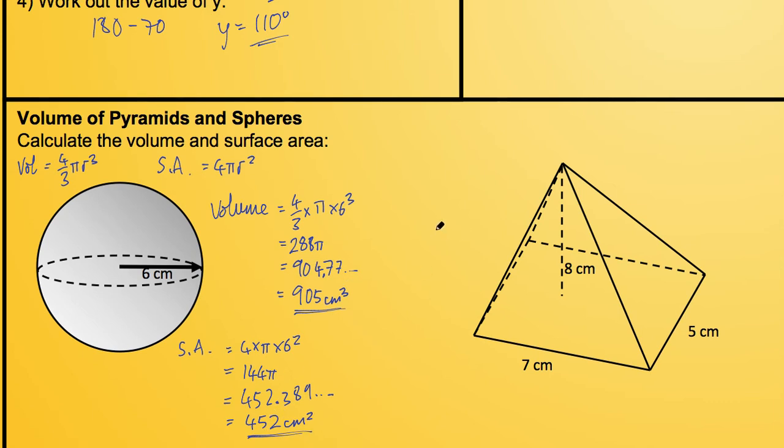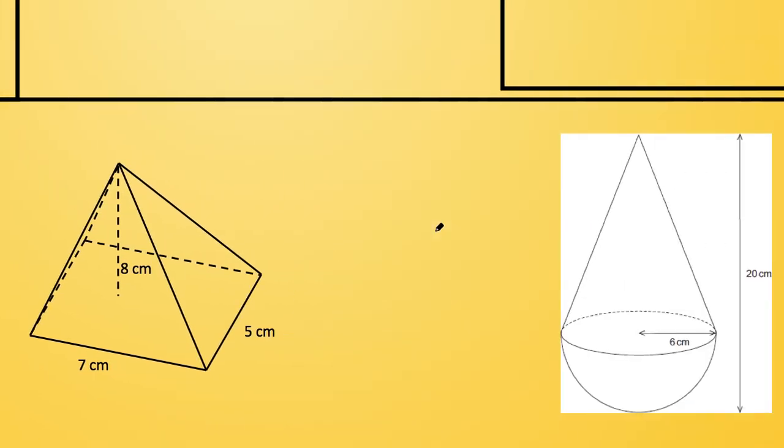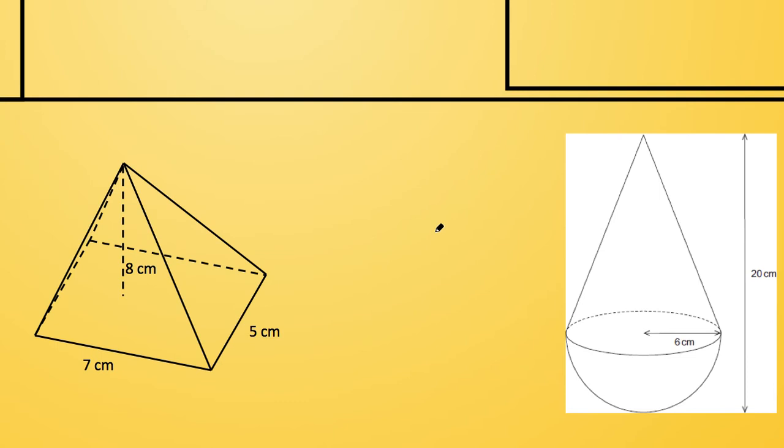Right, the pyramid. Volume of the pyramid is going to be quite straightforward, but the surface area of the pyramid is a lot more complicated. So volume of a pyramid is 1/3 times the corresponding volume of the cuboid. I always think of any pyramid as being 1/3 of the cuboid that it would fit within.